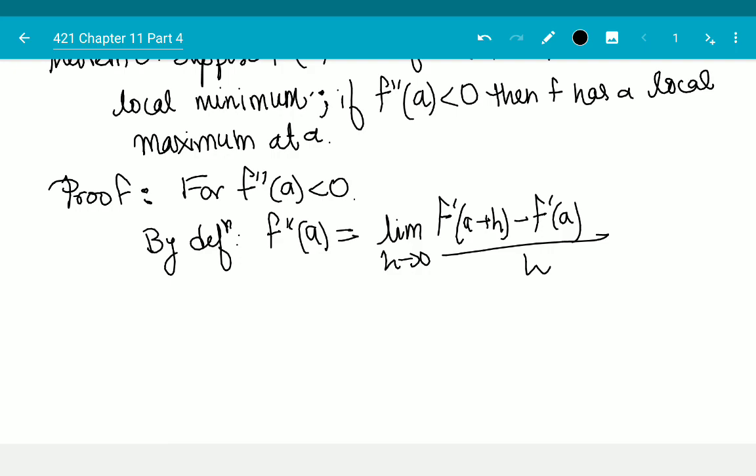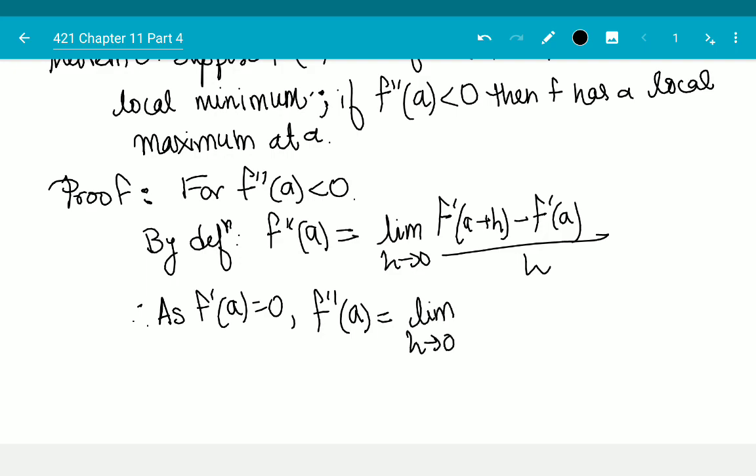Now, I know that f prime of a is 0. Therefore, f double prime of a is equal to the limit as h goes to 0 of f prime of a plus h over h, right?